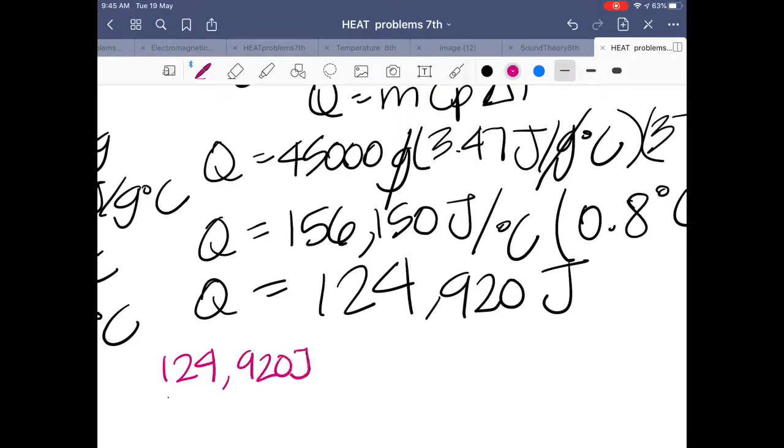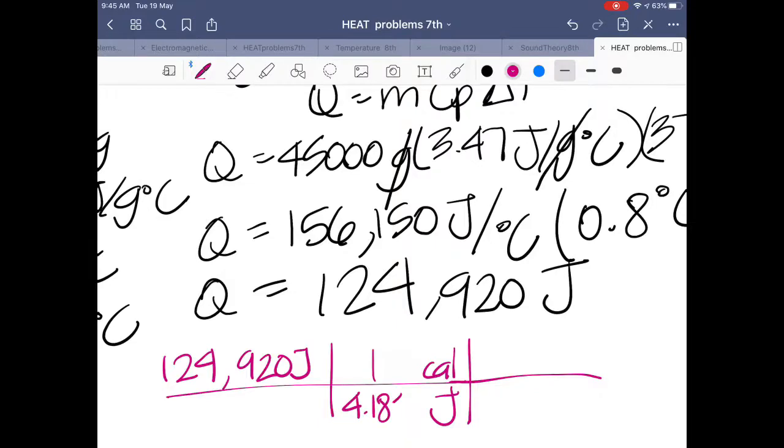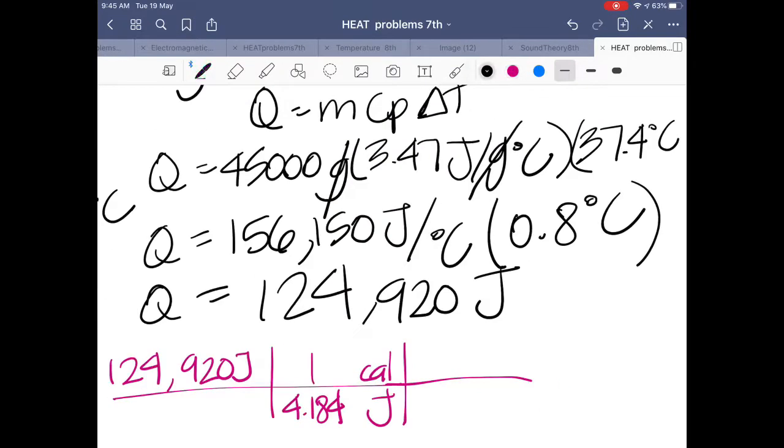Now, if we want to change it to kilocalories, we have 124,920 joules. You put joules at the bottom and calories at the top. And in 1 calorie, you have 4.184 joules. You cancel joules with joules, and now you want to cancel calories. So small calories, big calories or kilocalories. In 1 kilocalorie, you have 1,000 calories.